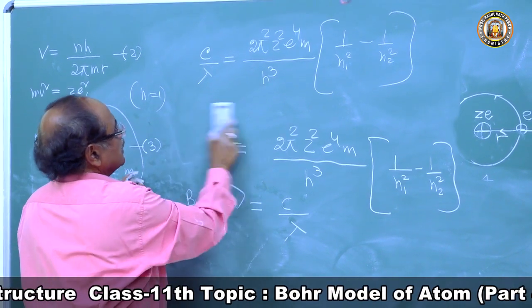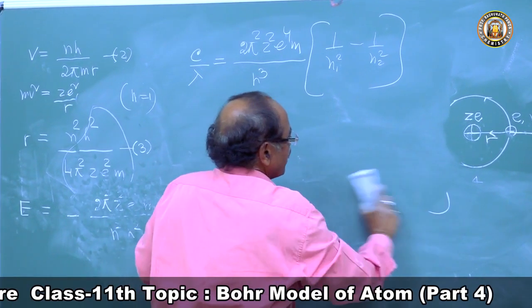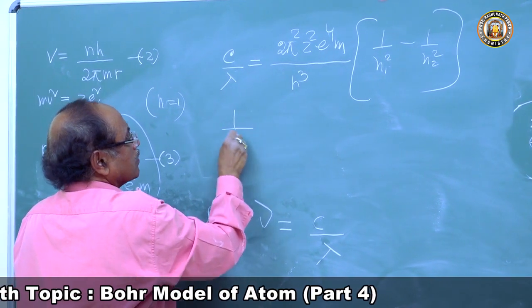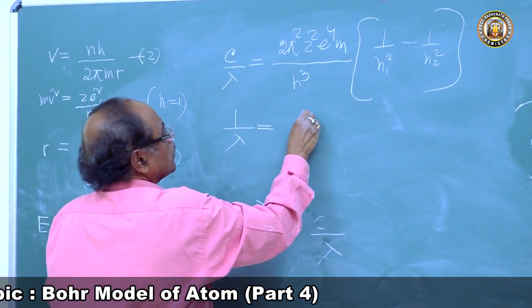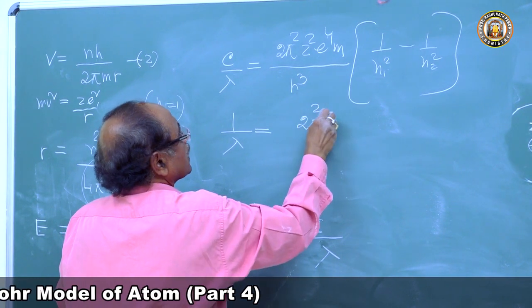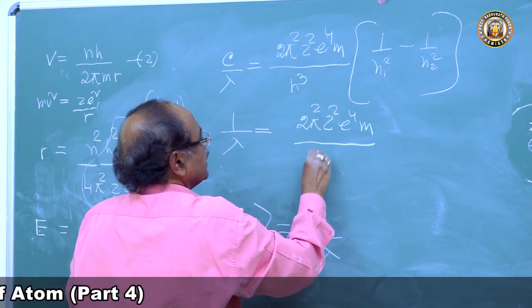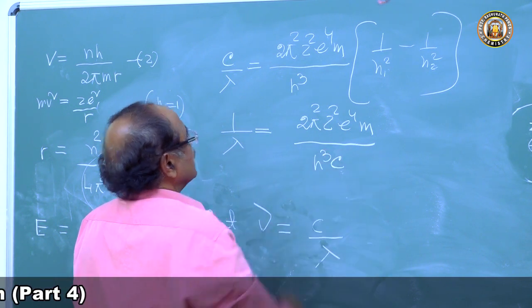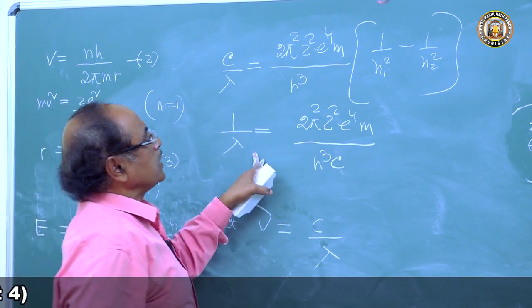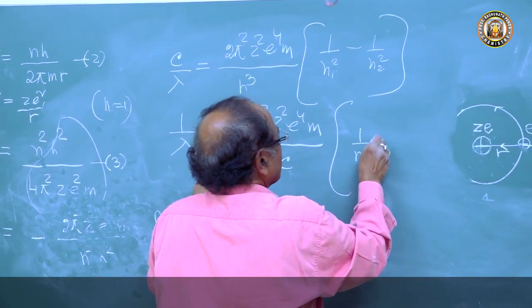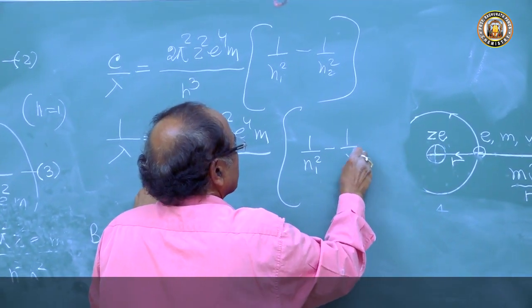You got this? Now 1 by lambda will be equal to 2 pi square z square e fourth m by h cube c, we get the c here, into 1 by n1 square minus 1 by n2 square.